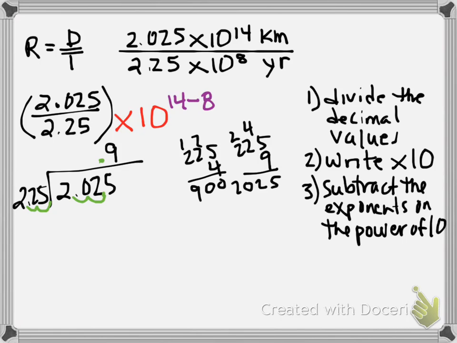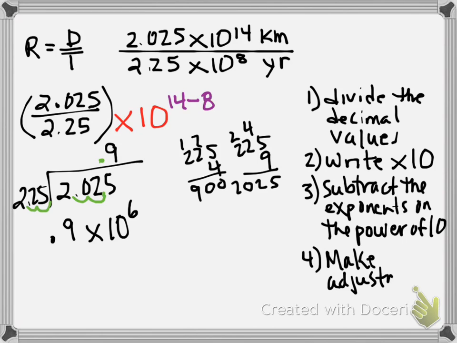So what we have right now is 0.9 times 10, and then what's 14 take away 8? 6. Now, we run into a problem that my decimal portion doesn't meet the criteria, right? It's less than 1. So we're going to make adjustments if necessary.